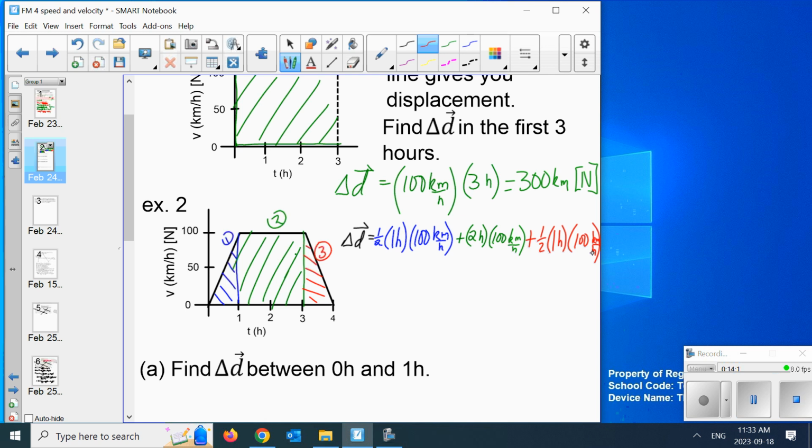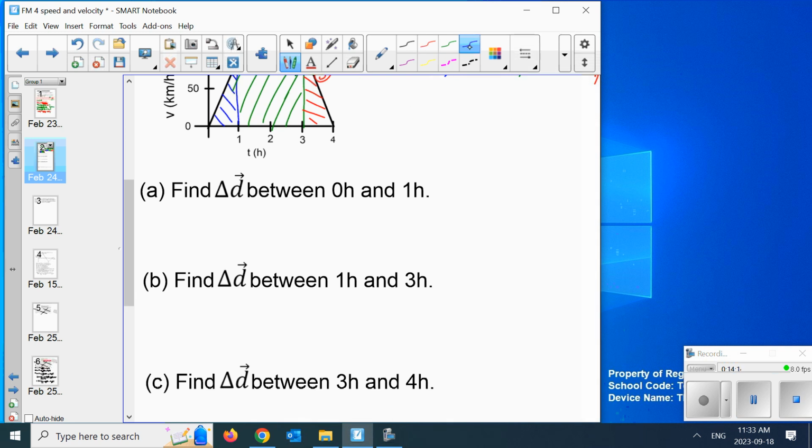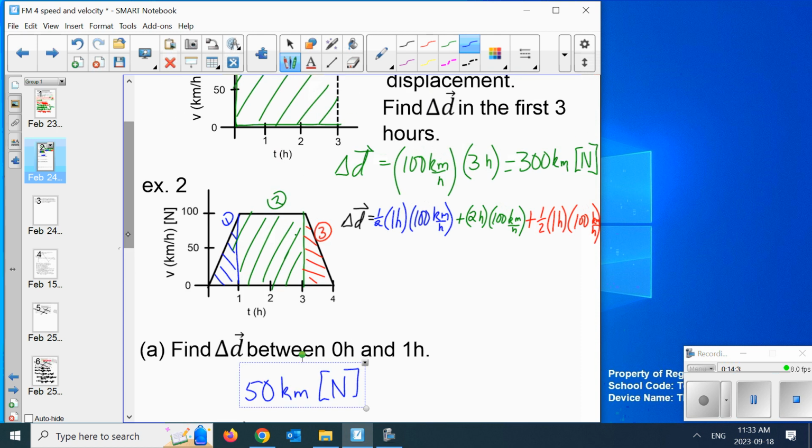So for part A, I've got this all broken up, so I've got the work down for everything. We have it worked out above, the blue stuff. It's 50 kilometers north. Then your B is between 1 and 3 hours. That's my green, that's 200 kilometers.